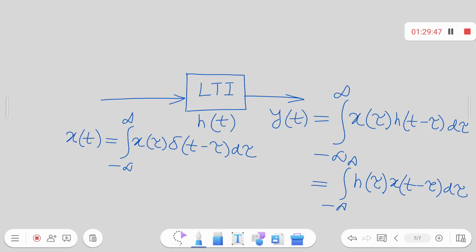So this operation. Now you can visualize the persons standing on the platform as the signal, and the persons inside the train can be visualized as the impulse response. The handshaking operation with each other can be visualized as a multiplication. 3 with 5, 15.